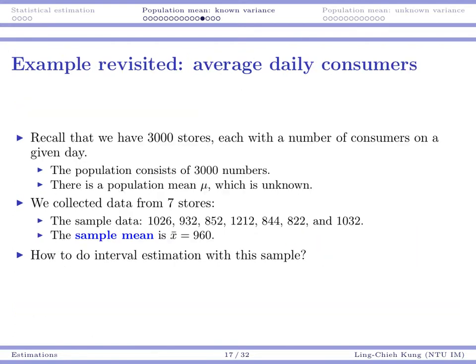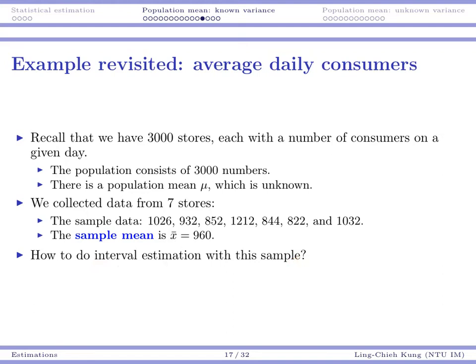So now we are ready to revisit our example. We have 3,000 stores, so we have 3,000 numbers. The population mean is somewhere there, but I don't know it. So I collect sample data from 7 stores, and I calculate the sample mean as 960. Okay, now the question is how may I do interval estimation with this sample?